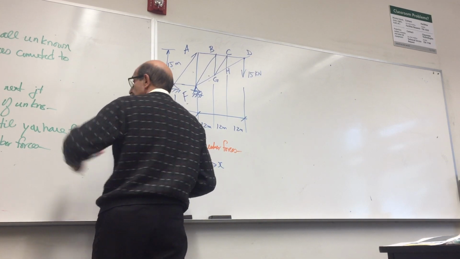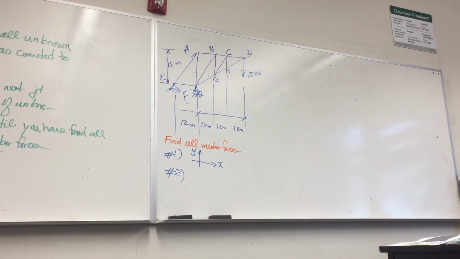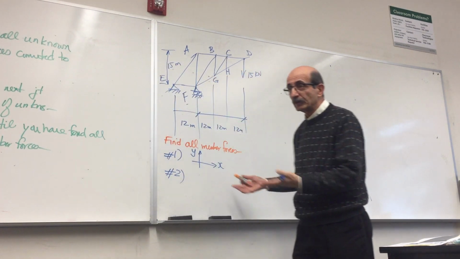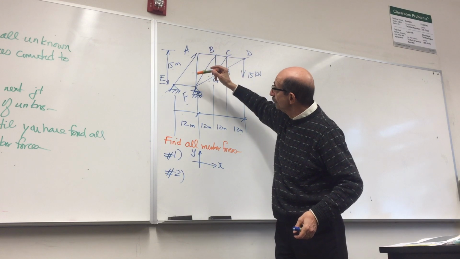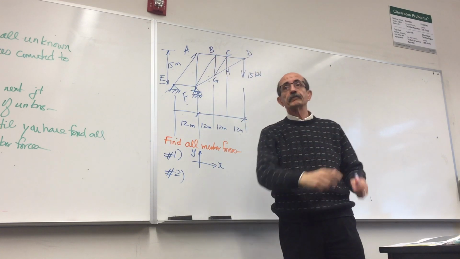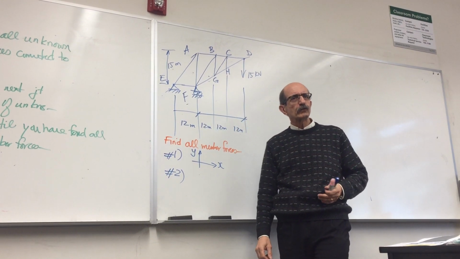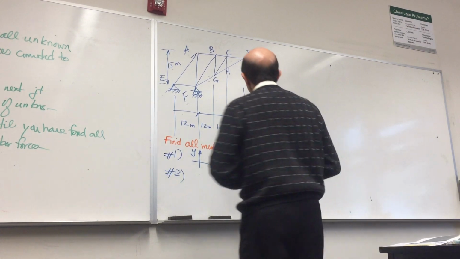Step number two, identify all zero force members. Why? If you look at it, if I skip that step, what happens? I have 1, 2, 3, 4, 5, 6, 7, 8, 9, 10, 11, 12, 13 members. Now let's see, do I have to really find all those member forces? Or no, you don't actually have 13.